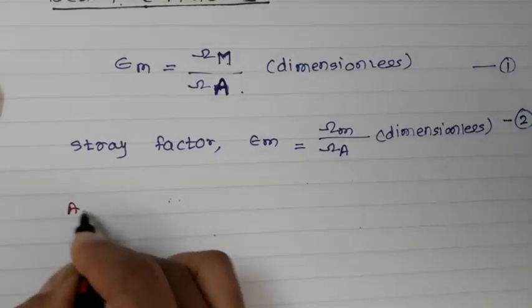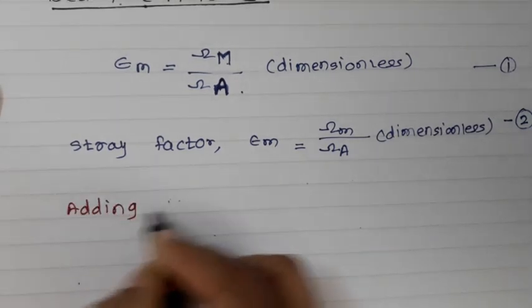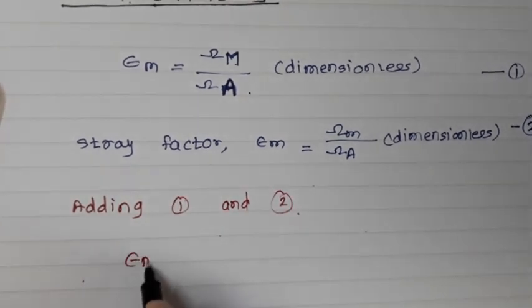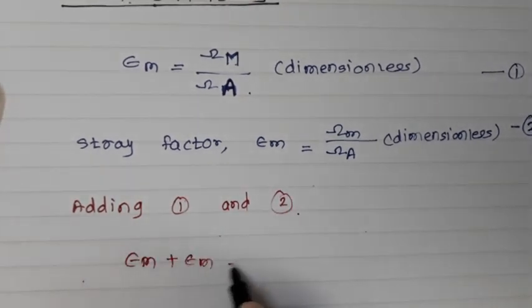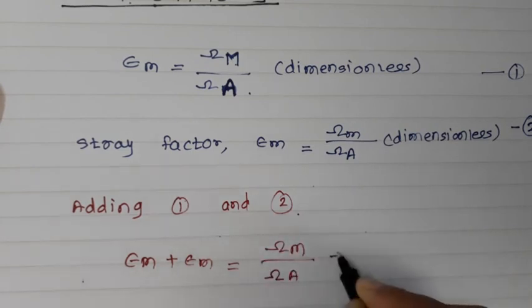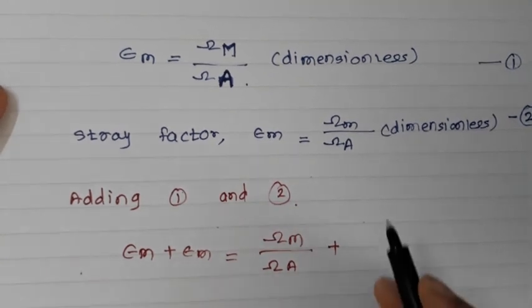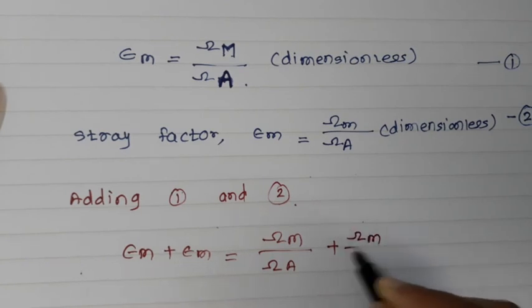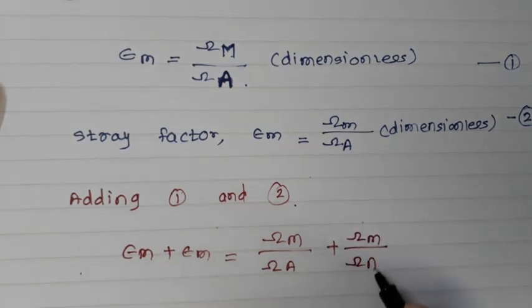Adding 1 and 2, I get epsilon M plus epsilon m equals Omega M divided by Omega A, that is the major lobe beam area divided by the total beam area, plus the minor lobe beam area divided by the total beam area.